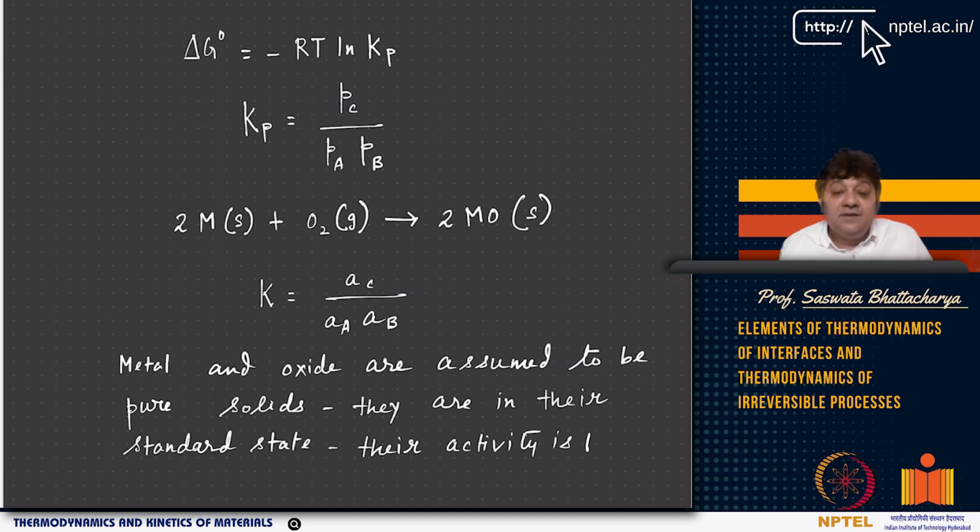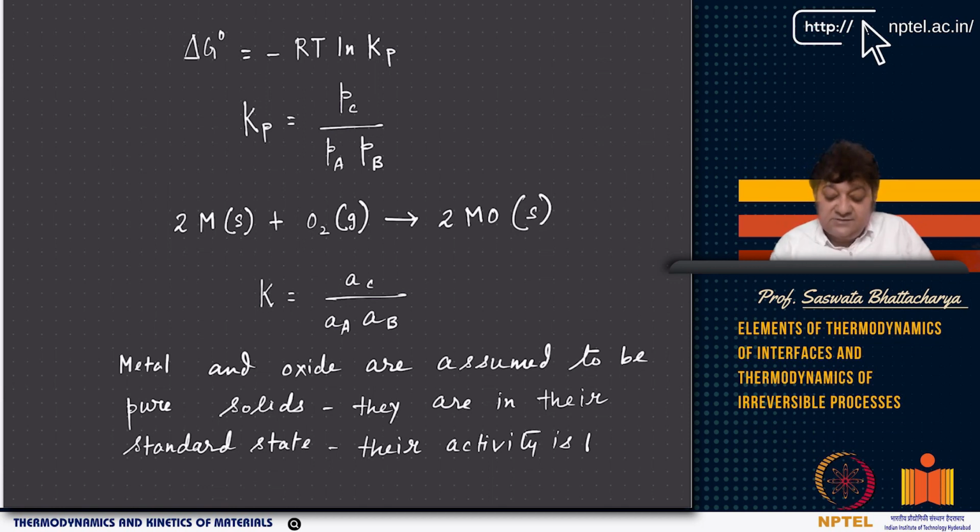As a result, the gas is the sole contributor to entropy, and as the oxygen or gas phase gets consumed when it is oxidizing, what happens? This reaction inherently has negative enthalpy within the system, as long as the metal is solid.